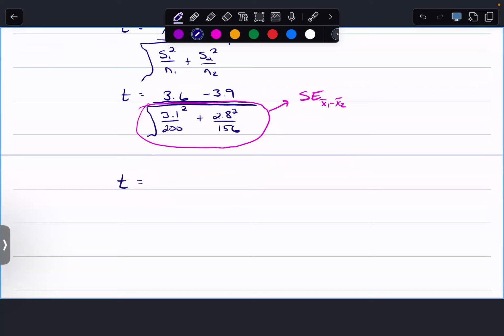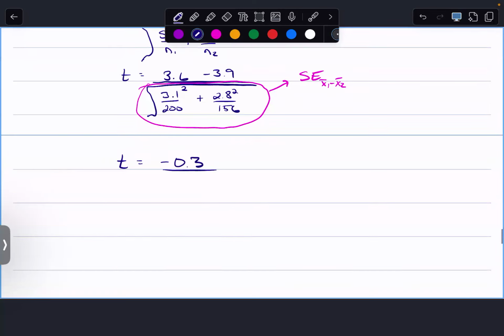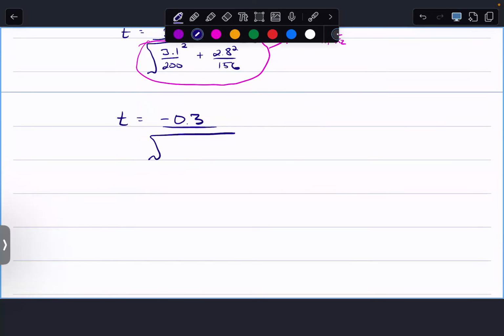I get, well, let's start with 3.6 minus 3.9, negative 0.3, and then 3.1 squared divided by 200. And I'm going to store that so I can keep it. Do 2.8 squared divided by 156 plus recall A. And I get the square root of 0.09830641026.